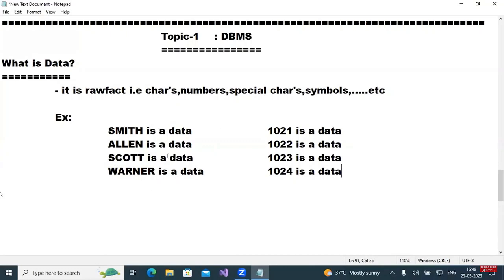But I wrote Smith, Allen, Scott, Warner. These names we call data, but what do they represent? What do they predict? Are they employees, customers, students, product names, brand names, or locations?